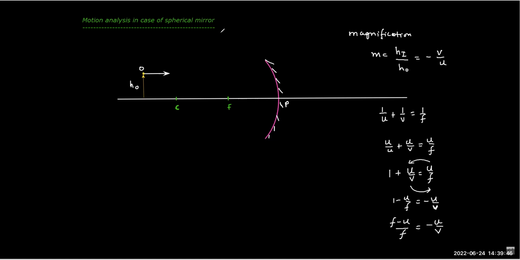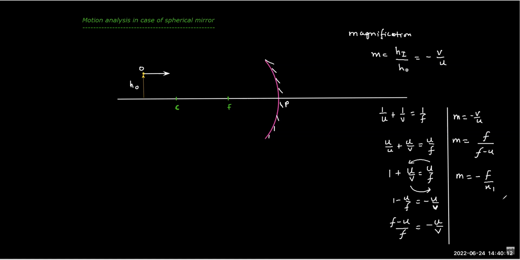And therefore, the magnification, which says minus v by u, turns out to be, you can also write as f upon (f minus u). And this is interesting. This is interesting because it is like minus f by x1.